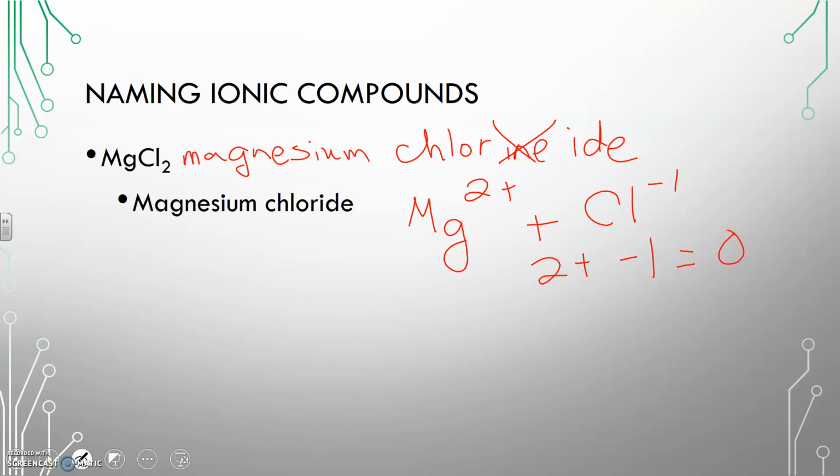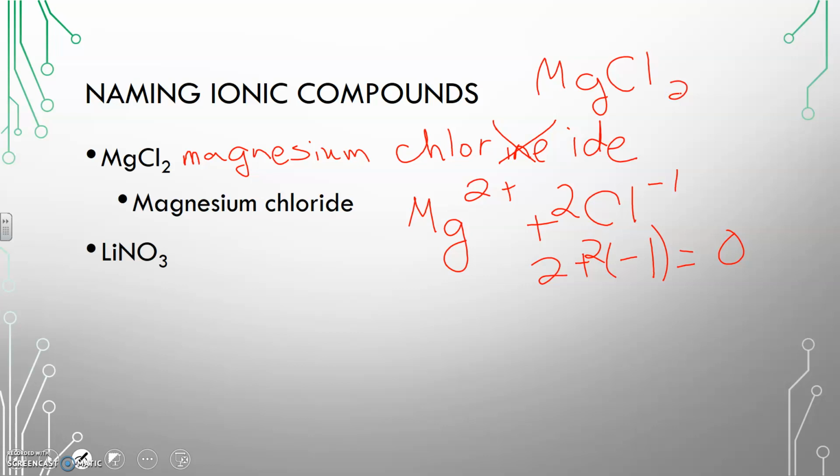Okay, so at this point, you add those two together, 2 plus -1, you're going to get a 1. Okay, so in order to make this equal 0, you just have to multiply your -1 charge by 2. Okay, so you get 2 chlorines to every 1 magnesium, which is how you get your MgCl2. Okay?